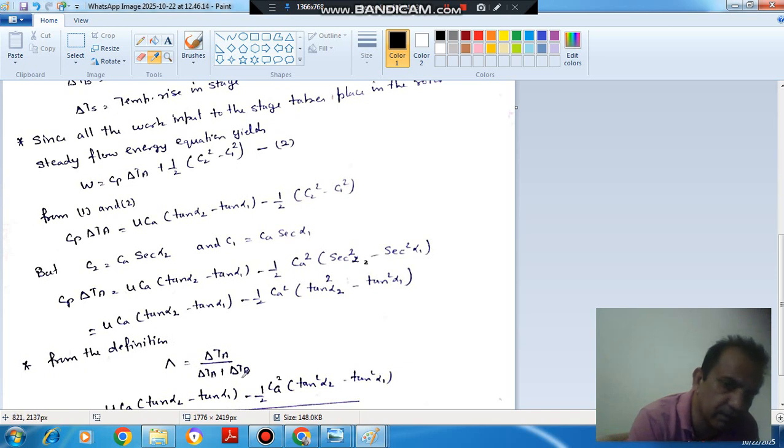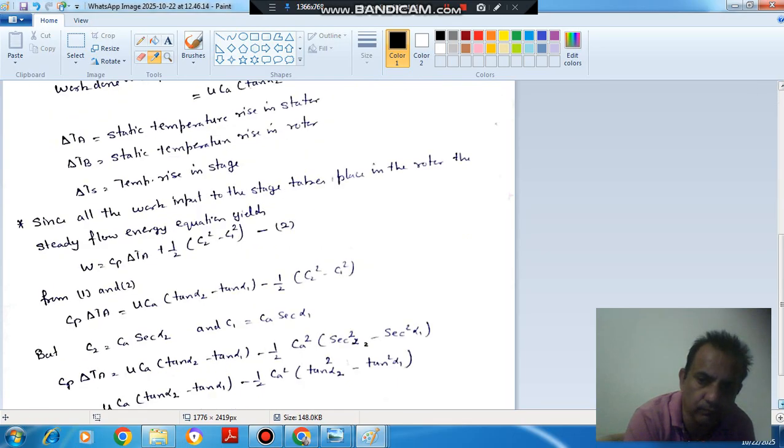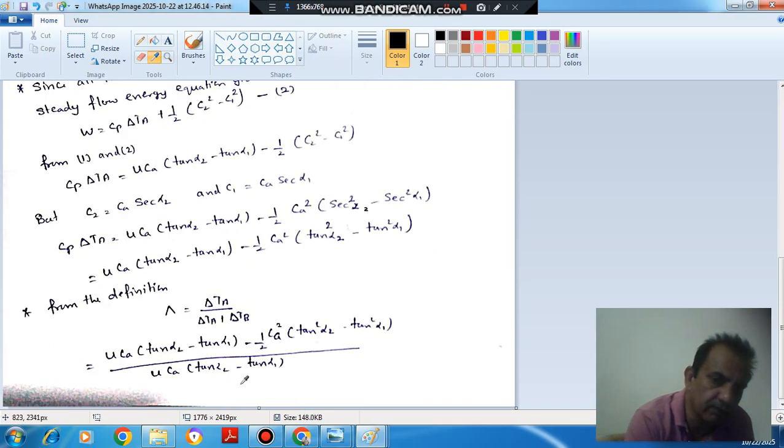Okay, so this is your Cp del Ta, and we have found the expression for Cp (del Ta plus del Tb) also. So that is this expression, in terms of alpha 2 and alpha 1. Cp will cancel out, so we multiply Cp here and Cp here and then cancel out. We can write del Ta as this quantity and work done, del Ta plus del Tb, as this quantity.